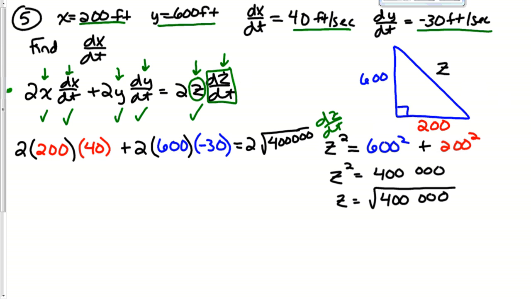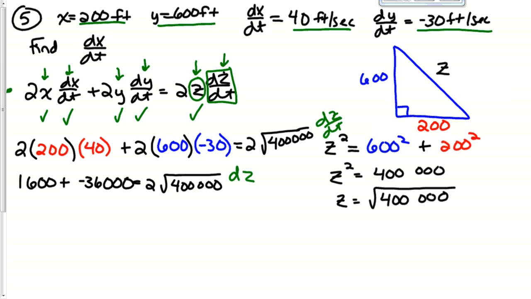So I'm just going to simplify everything and see what I have here. I get 1,600 plus negative 36,000 equals 2 times the square root of 400,000 times dz/dt. I'm going to combine my like terms, and this gives me negative 17,200 when I combine and divide by 2.